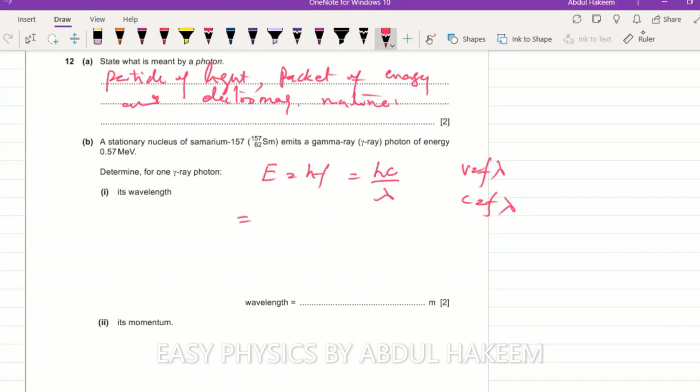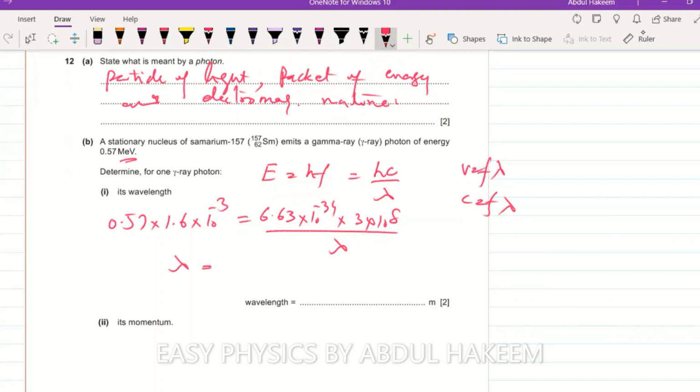So h Planck constant 6.63 times 10 power minus 34, speed of light 3 times 10 power 8, and wavelength is required, and the energy is 0.57 mega electron volt, meaning times 1.6 times 10 power minus 13. So after the calculation, the answer for lambda is 2.2 times 10 power minus 12.